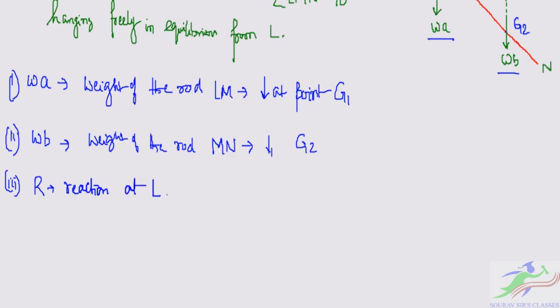Since the two forces omega A and omega B are parallel, the third force R will also be parallel, working in the vertical direction. These are the conditions to keep the rods in equilibrium from the fixed point.